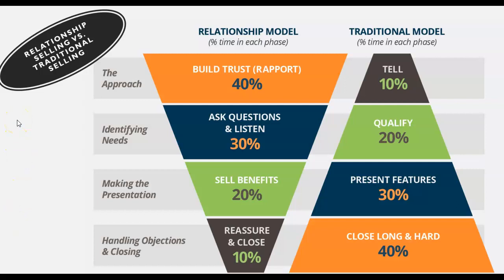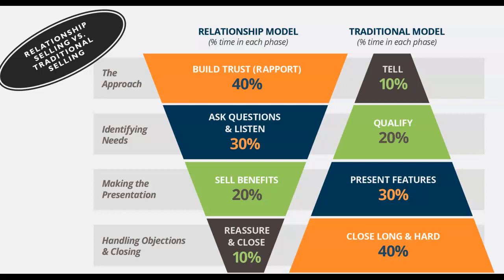Okay, so this is very important just to differentiate why the traditional model of selling does not work versus the relationship model. So you may not know what all these different areas are in the relationship model. I'm going to walk you through them. So I'm going to start with the approach, which would be your introduction and building rapport, building trust.